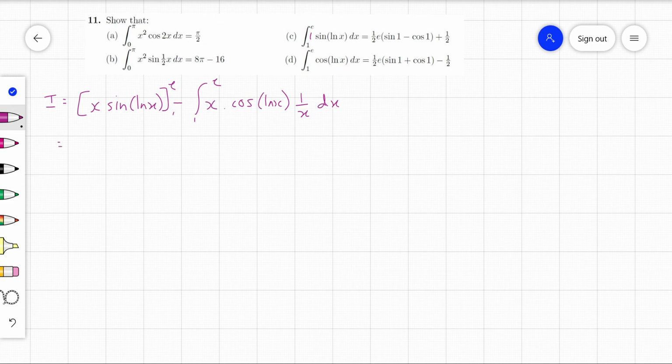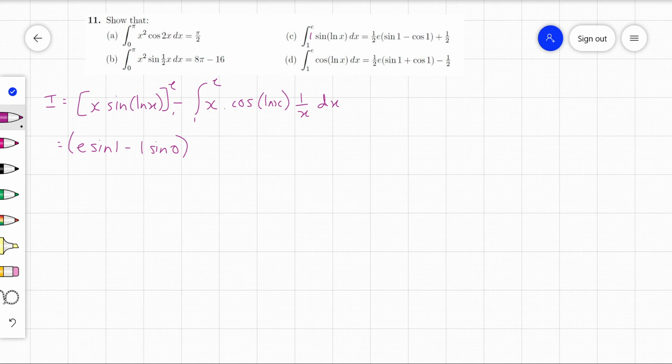Okay, so this one here, if I put e in first, I get e sine of log base e of e, which is just 1, so sine 1, minus 1 sine log base e of 1, which is 0, so that's actually just 0.